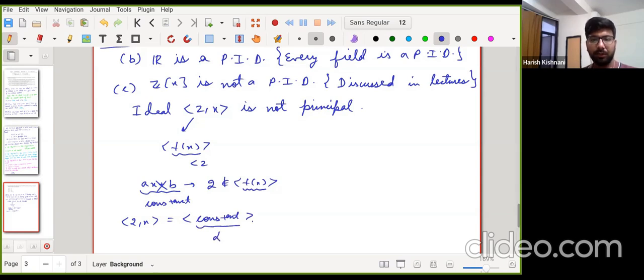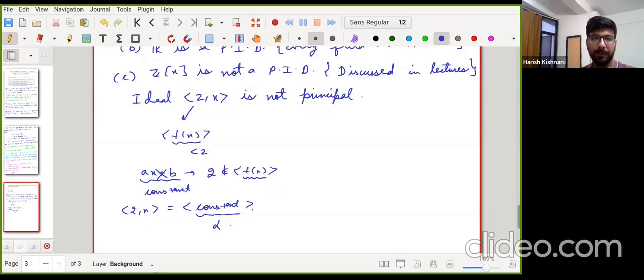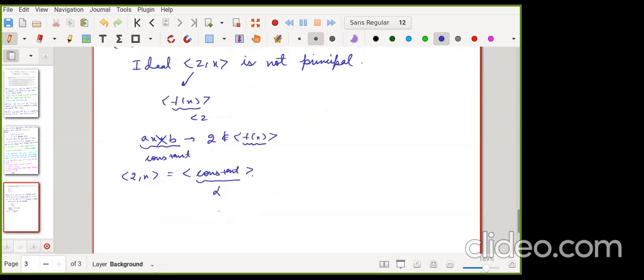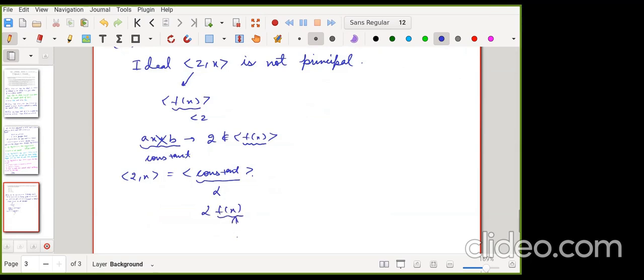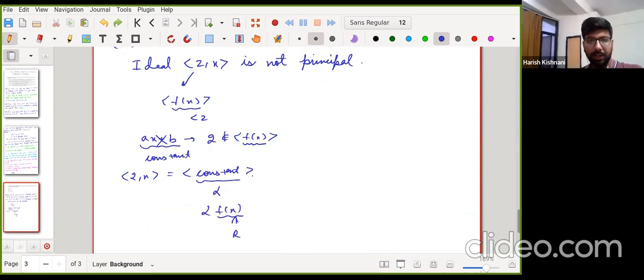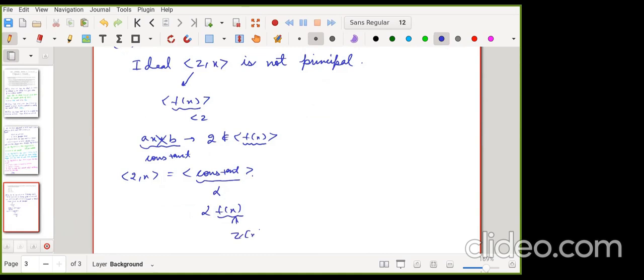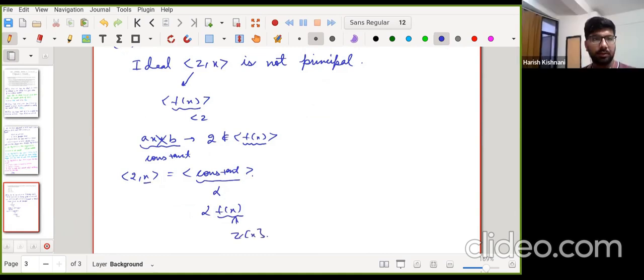So here the only polynomials you have are alpha times f(x), where f(x) is from Z[x]. So you have only that kind of polynomial, but you have x here, right?